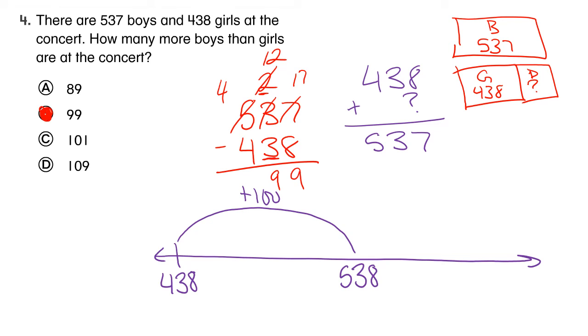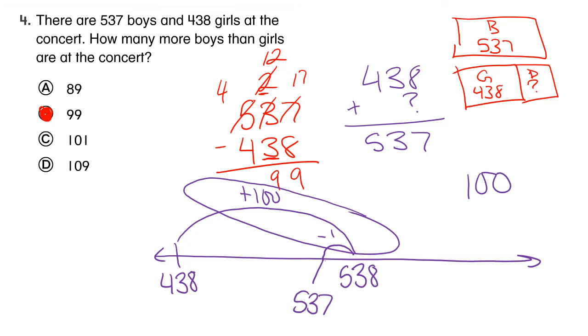So I'm going to have to subtract 1 to get to 537. So in order to figure out what we just added here, we added 100 minus 1. And 100 minus 1 is 99. So that is the correct answer.